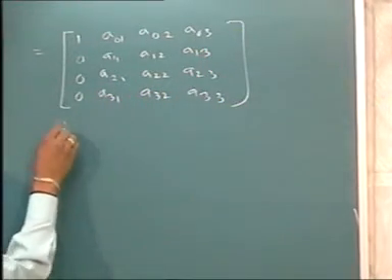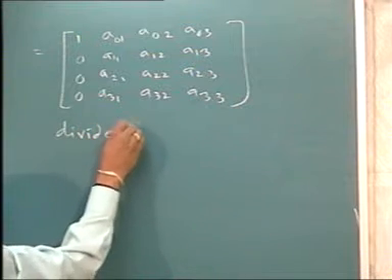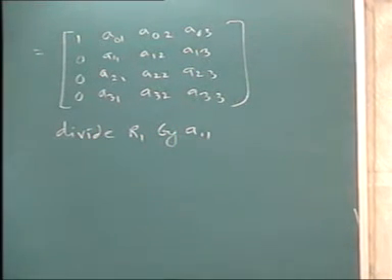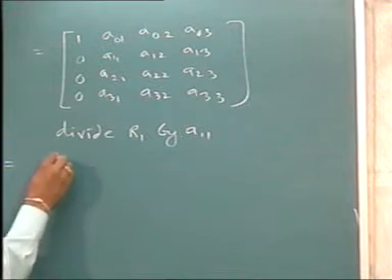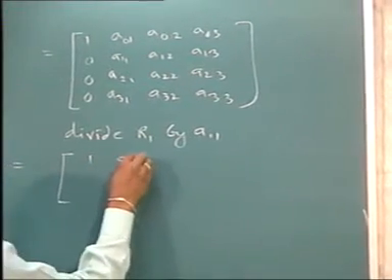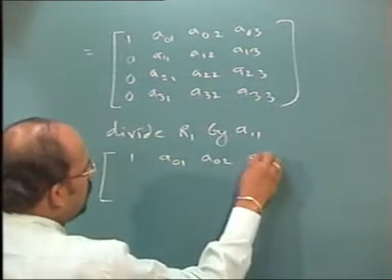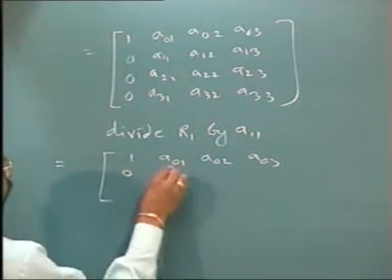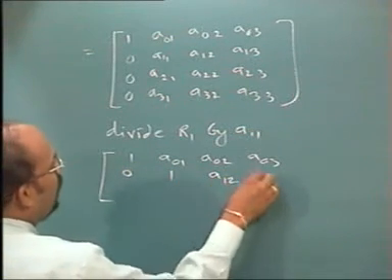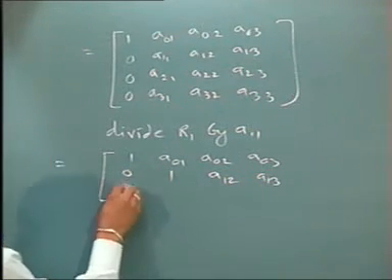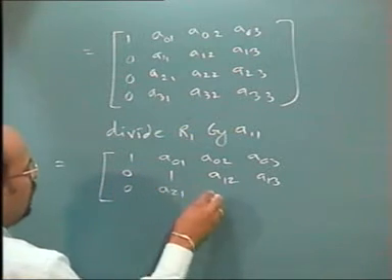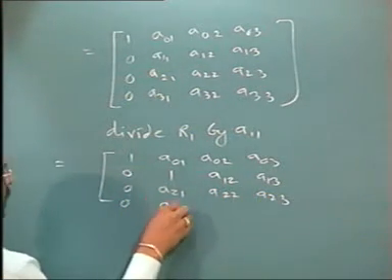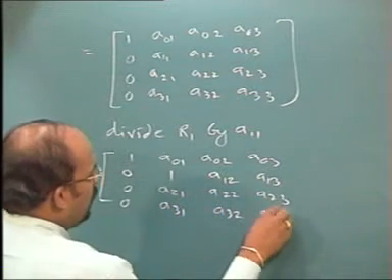Then I will have to say divide R1 by A11 will give me 1, A01, A02, A03, 0, 1, A12, A13, 0, A21, A22, A23, 0, A31, A32, A33.